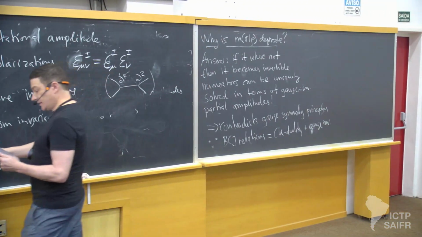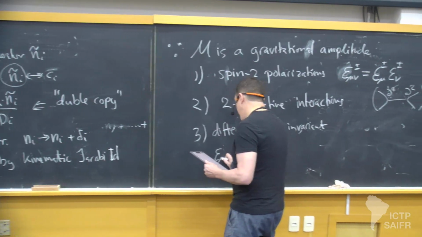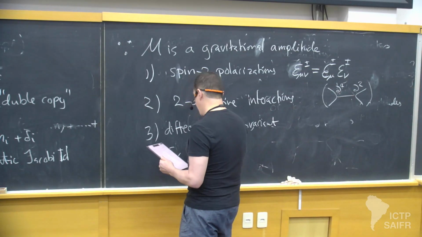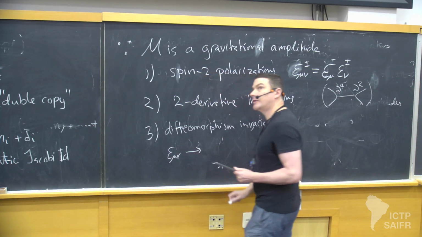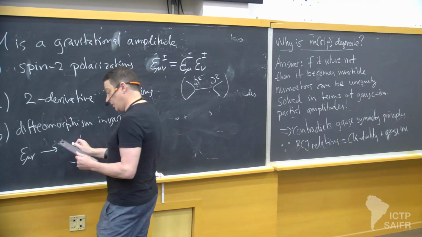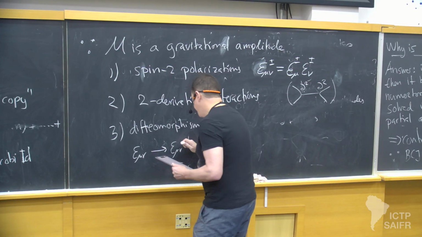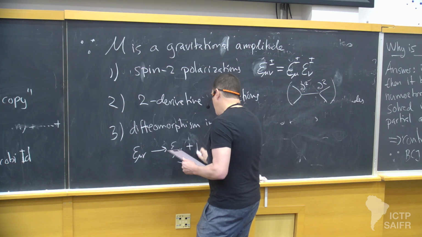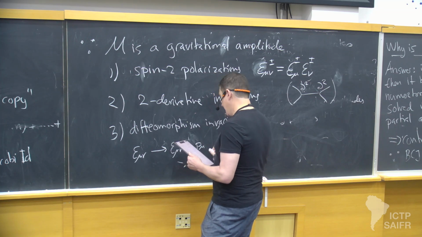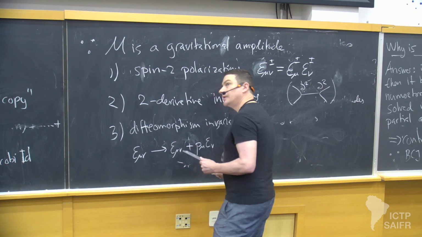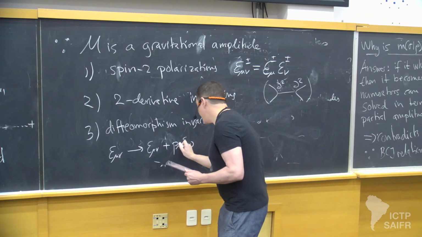And the reason for that is that what we did there, you can just think of as the following replacement. We take the graviton polarization tensor, and then we shift it by something proportional to momentum, and then a polarization vector, and then you symmetrize it.